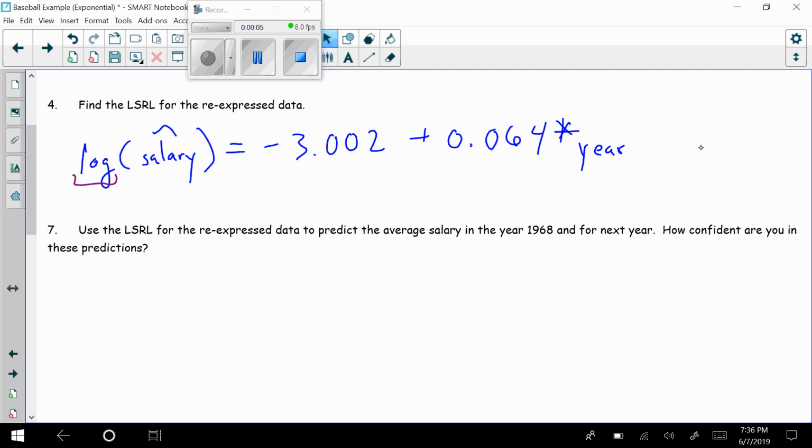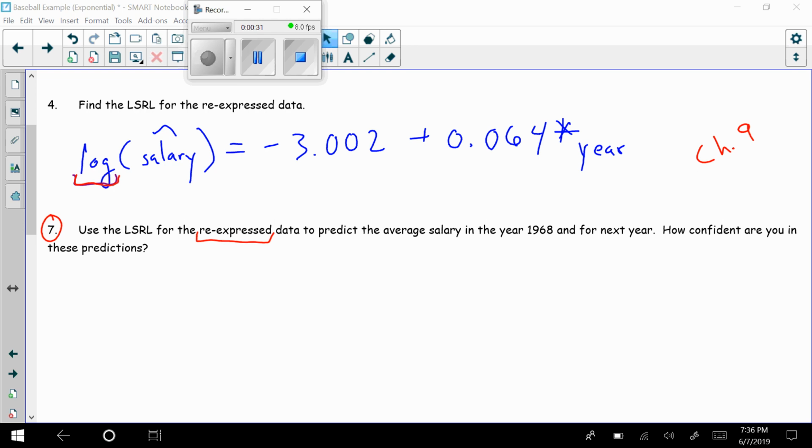We are still inside of chapter 9 and we're still on the baseball example. I've already done 6 examples over this, so if this is your first time on this video, you can go back and look at that if you want to see the data. But I'm on to number 7 here, where it says use the least squared regression line for the re-expressed data. Remember that we did this re-expressed logarithm a while back, about 4 or 5 videos ago.